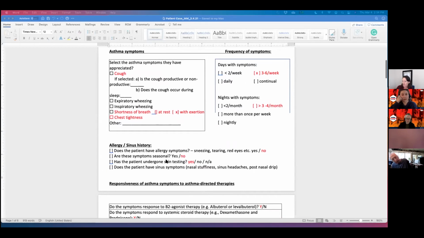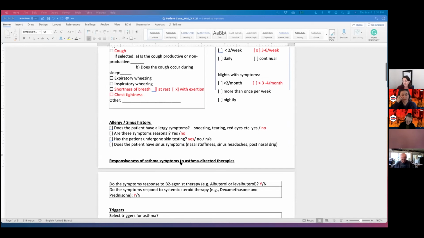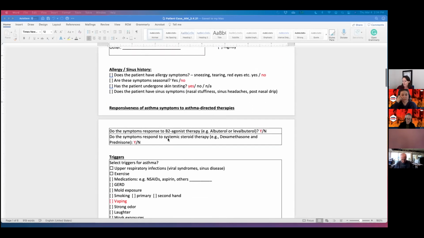She had undergone RAST testing, which I'll show you in a minute. So not allergy skin testing, but she had undergone testing to try to understand her allergic profile, and didn't have any allergy symptoms specifically at the time when I first saw her. She did appreciate improvement with albuterol, and she definitely appreciated improvement with steroids.